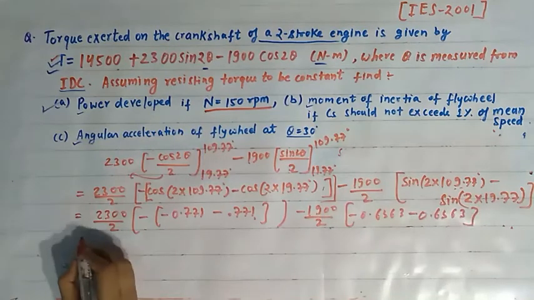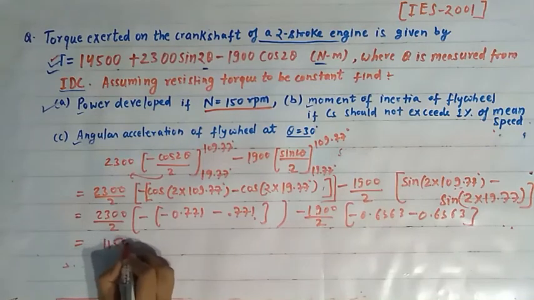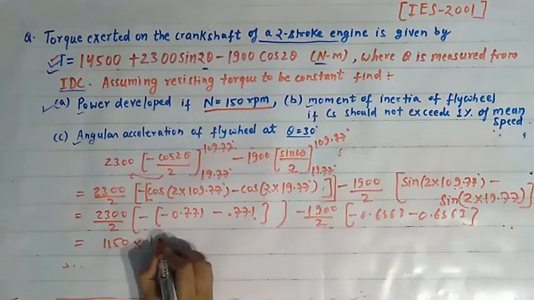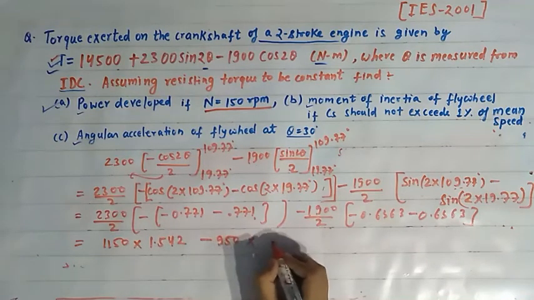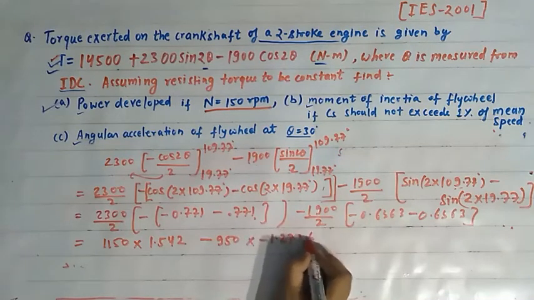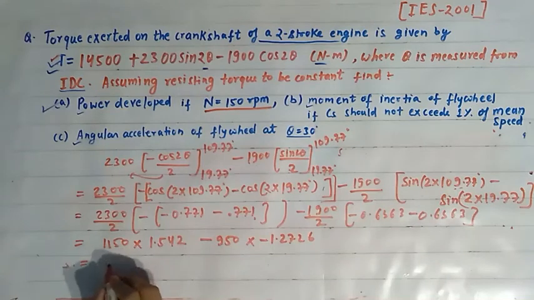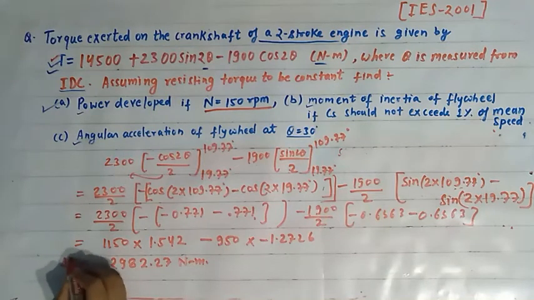Okay, when you solve this, you will get 1150 into 1.542 minus 950 into 1.2726, and it will come out to be 2982.27 Newton meter. So we have calculated the value of delta E, that is the maximum fluctuation of energy.